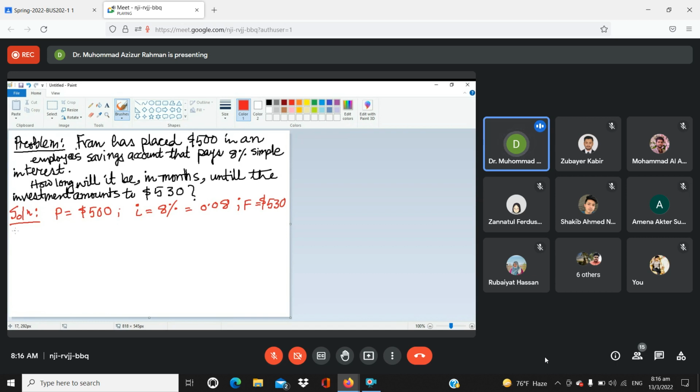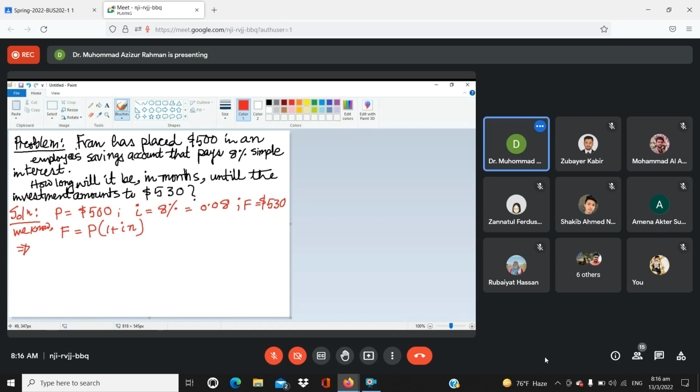So we know the formula: F equals P into (1 plus I N) for simple interest. Here we can put the values.